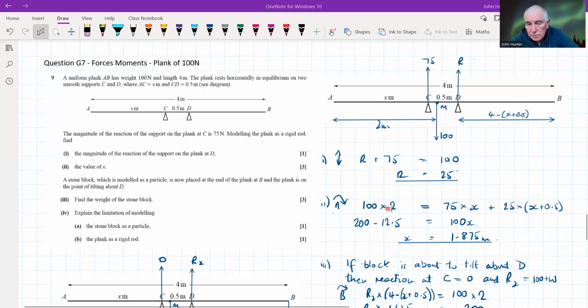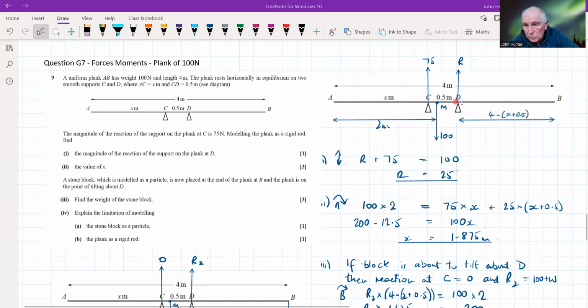So the clockwise moments, we've got this 100 newtons acting from the middle, so it's therefore 2 meters from A. And the anti-clockwise moments, we've got the 75 acting at C, which is X meters from point A, that's part of the question, plus the 25 from this R acting at this distance.